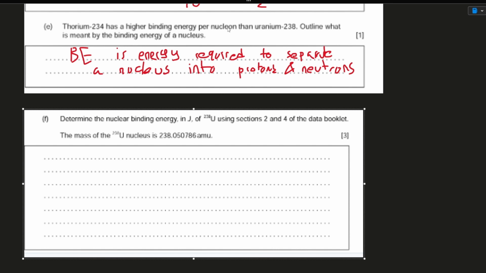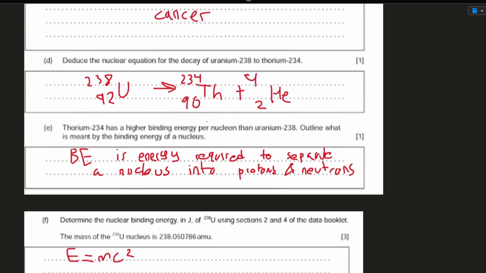So, in order to do this, we need to use Einstein's formula, E equals mc squared. First we need to calculate the overall mass of uranium-238.